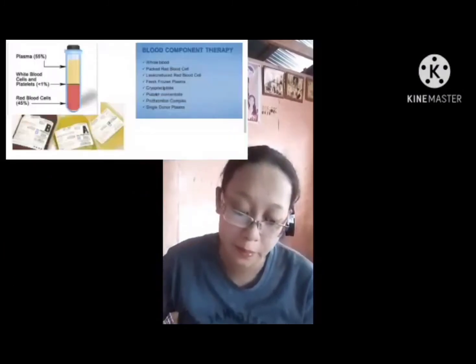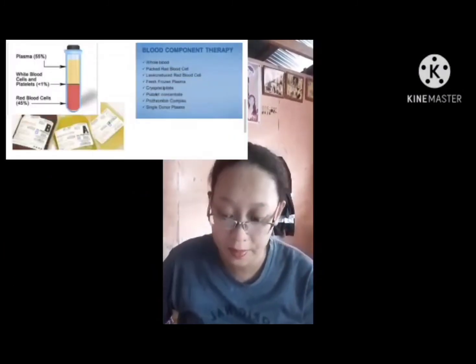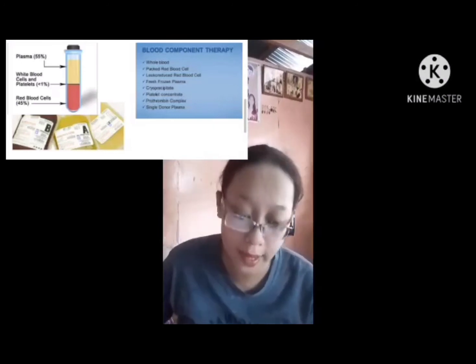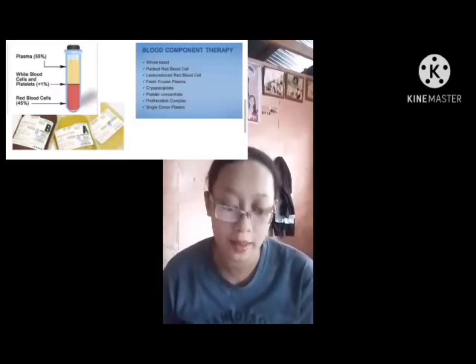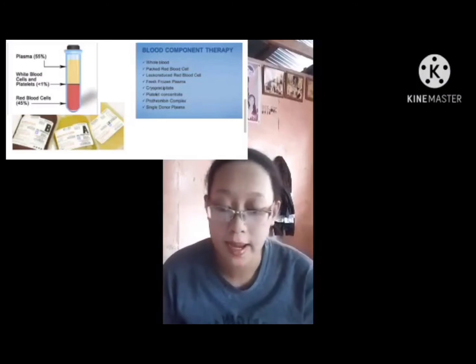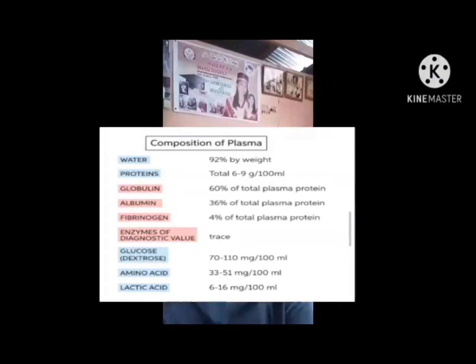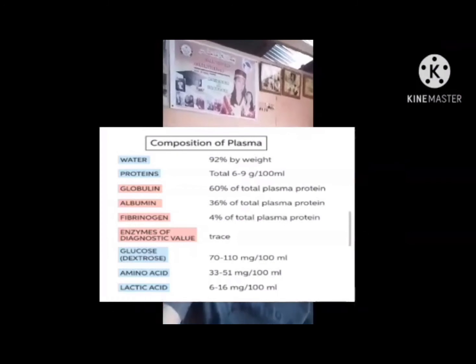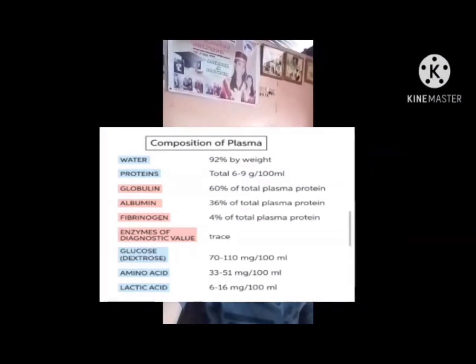These are the blood component therapies. A single unit of whole blood contains 400 ml of blood and 550 ml of an anticoagulant, and there are also special preparations for compositions of plasma. So that's for the therapeutic approaches to hematology.